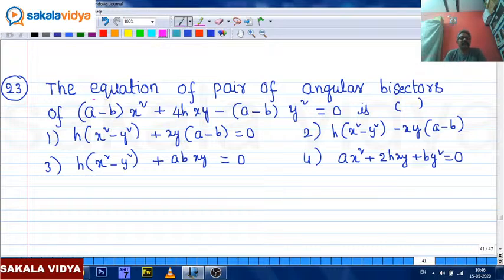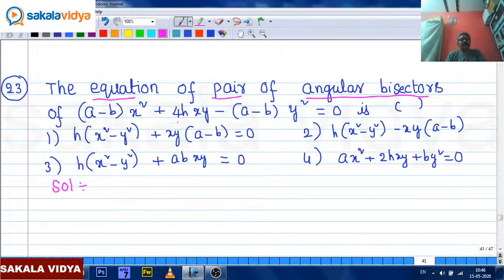The equation of the pair of angular bisectors of a minus b x square plus 4hxy minus of a minus b y square is equal to 0. So that means we need to find out the equation of the pair of angular bisectors here now. Solution.